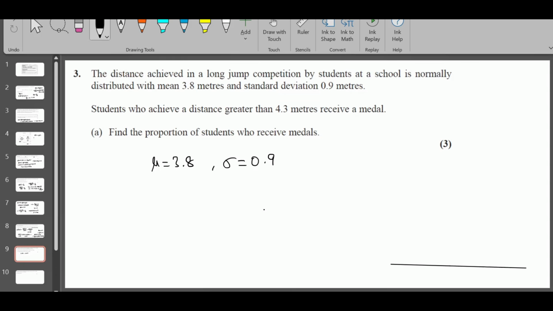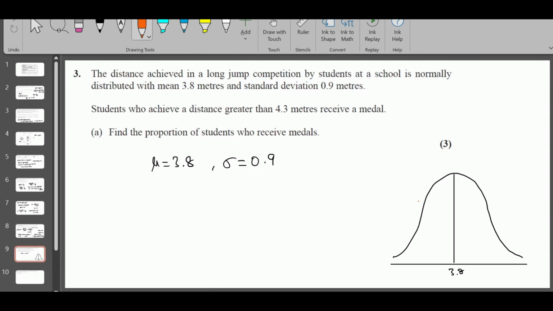Okay, if you draw a bell curve, the mean is 3.8. So if anyone jumps 4.3 or more than 4.3, the people in this category, they are the ones who receive a medal. Find the proportion of students who receive a medal. We need to find this area actually, the proportion of this area.